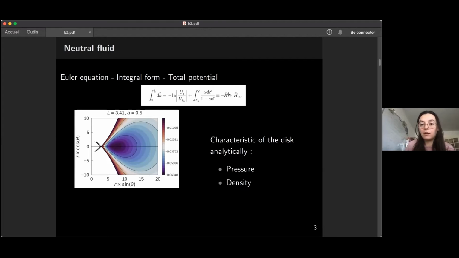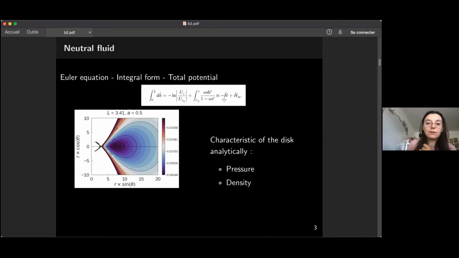This total effective potential, which is describing your accretion disk, depends on the metric components, on the four-velocity vector, on the angular momentum and angular velocity. Our interest is about the closed equipotential surfaces, which can be related to the accretion disk. One of the other interesting things is that when adding some barotropic equation of state, we can come back from the equipotential surfaces to some important characteristics of the disk such as the pressure and the density.